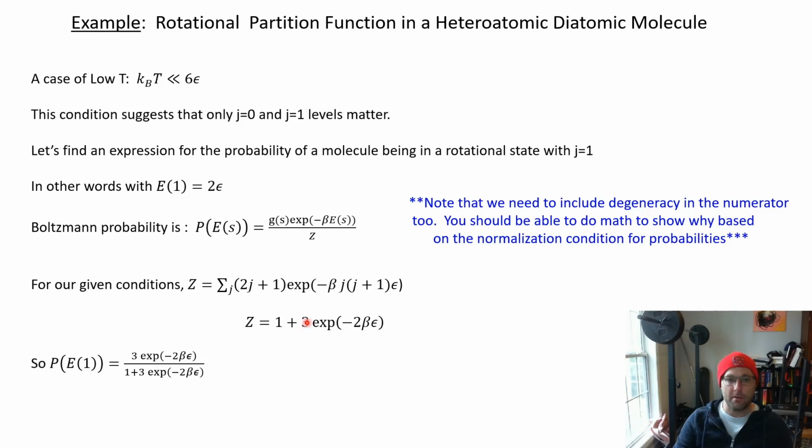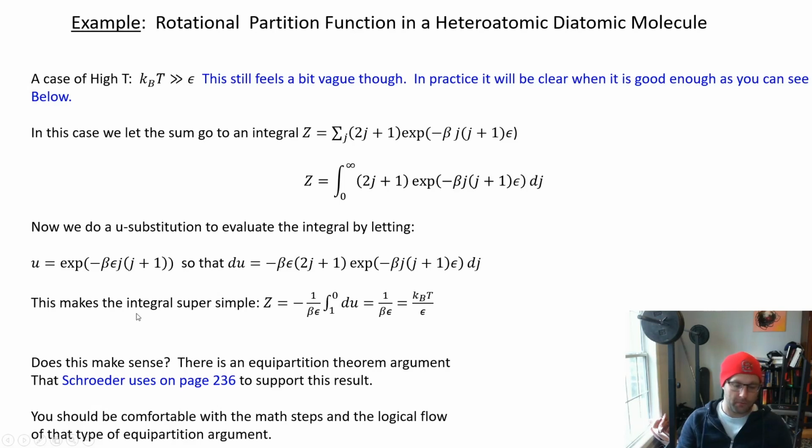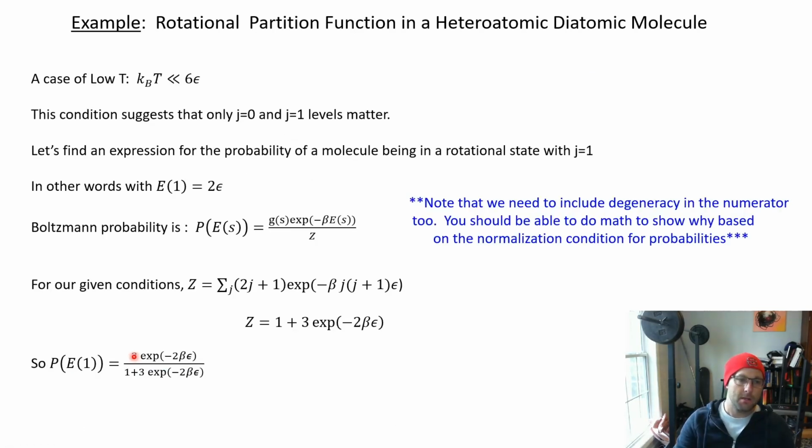And then we get 3 for the degeneracy, e to the minus 2 beta epsilon. Then plugging in for the probability, the degeneracy factor 3 appears in the numerator, e to the minus 2 beta epsilon, divided by that partition function.